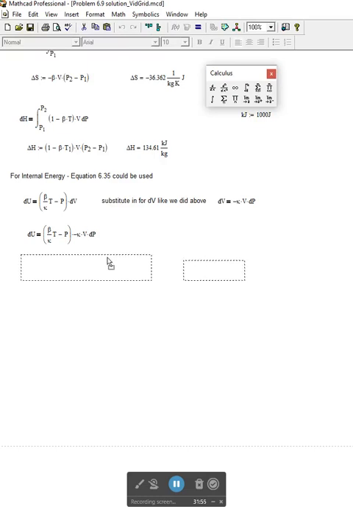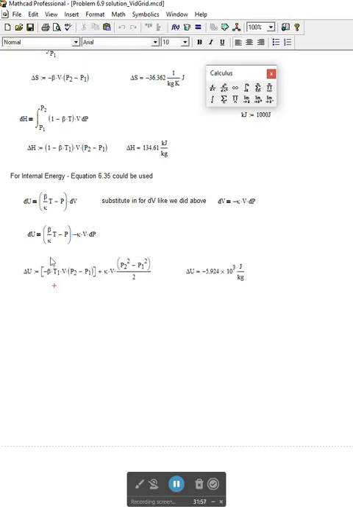You should be able to do the integration yourself. I skipped a few steps, but expanding things out, we are integrating P dP, which is where the P squared terms come from, and then this is a constant term.